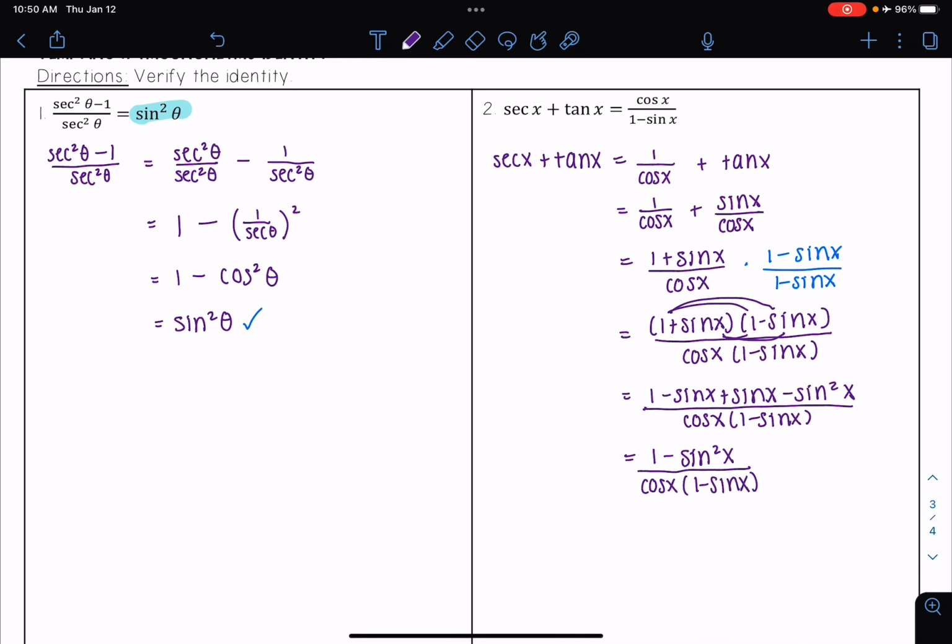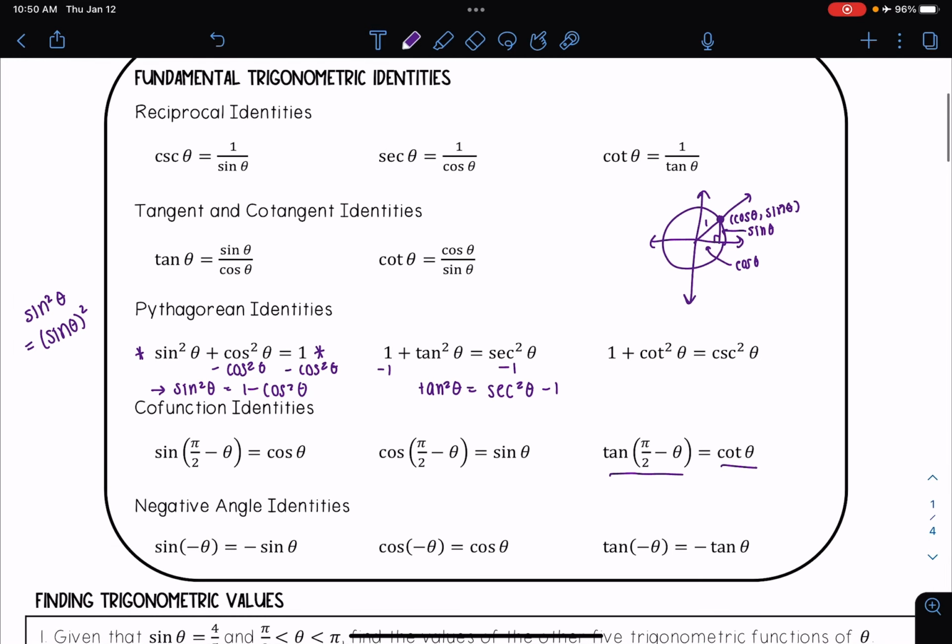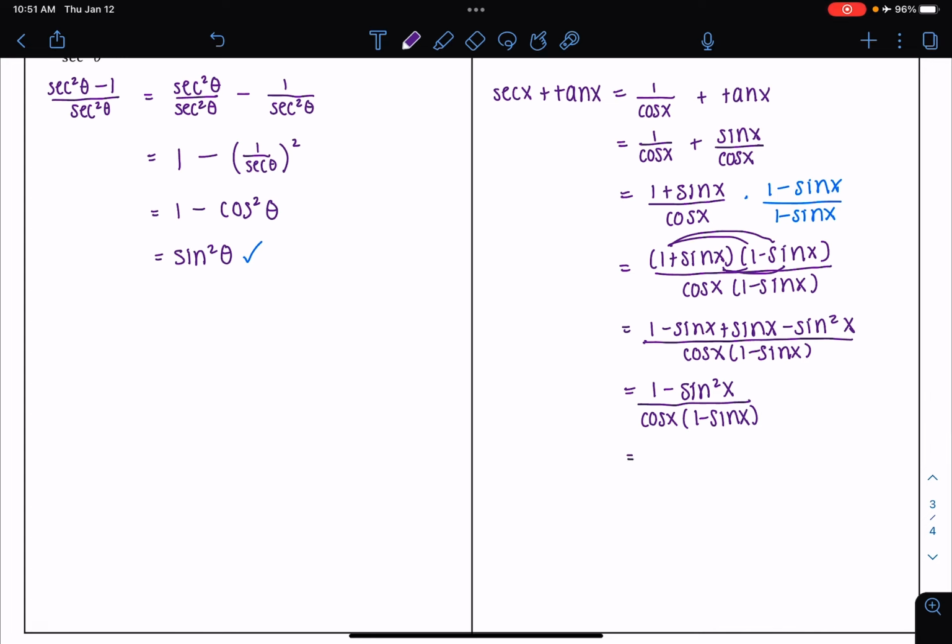So I'm getting closer. I have that 1 minus sine of x in the denominator. I need to somehow get rid of that cosine of x, though, and have cosine of x on top. Well, looking at the top, I have 1 minus sine squared of x, and I know from my Pythagorean identity that that's going to be equal to cosine squared of x. So I have cosine squared of x over cosine of x times 1 minus sine of x.